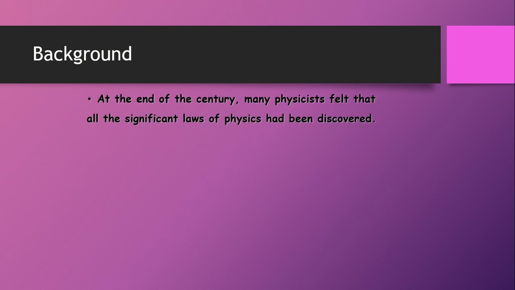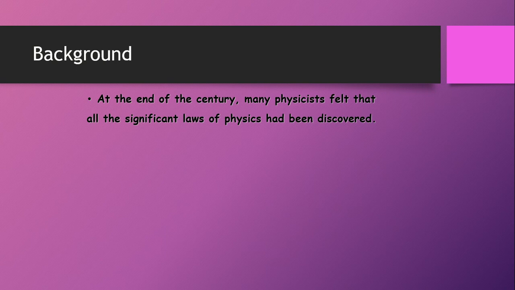Beginning with a very small background, we shall cover light energy and quantum theory. At the end of the century, many physicists felt that all the significant laws of physics had been discovered. They were quite satisfied that we had gotten everything. Were they trying to relax or being lax on some things?